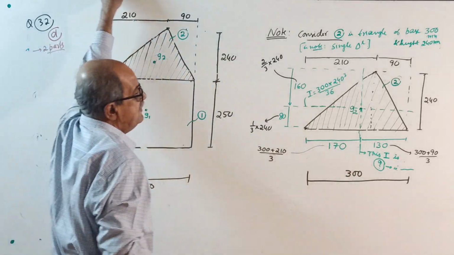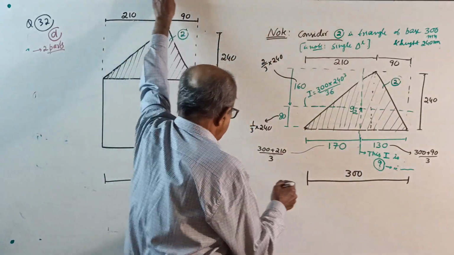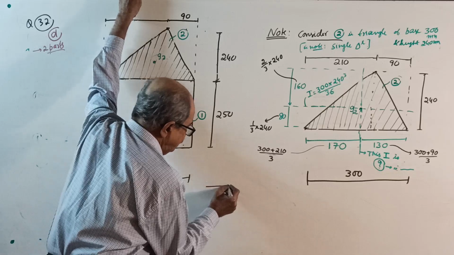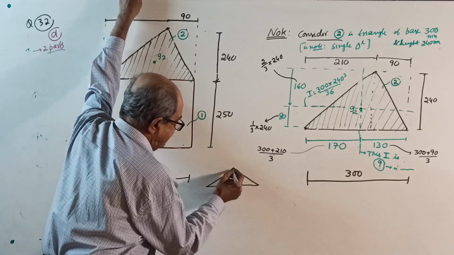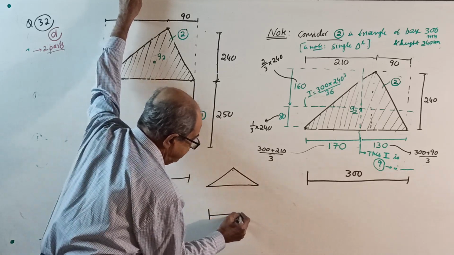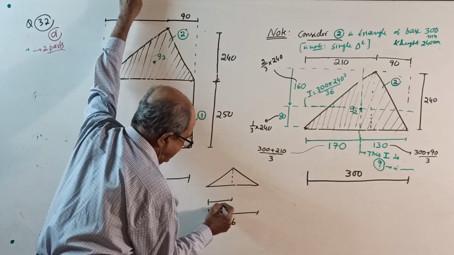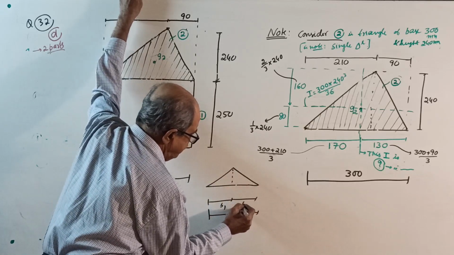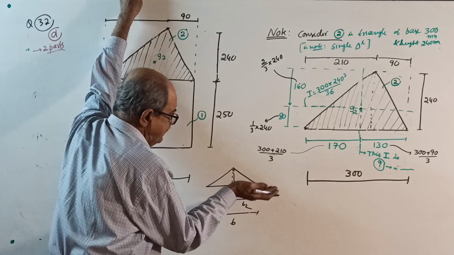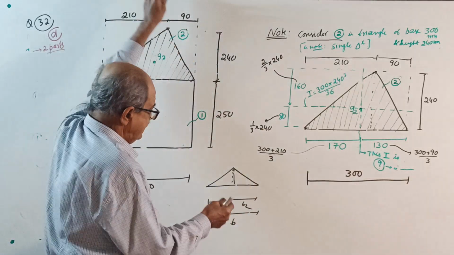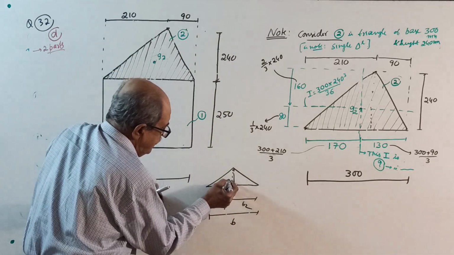Remember it now. Then, this way, the centroid, where? See, I told you long back, if the full base is B, if this is B1, if this is B2, then the centroid will be on the side where the area is more. You make a note.